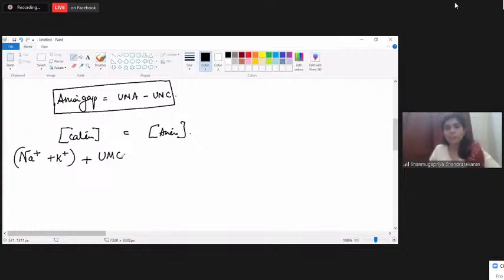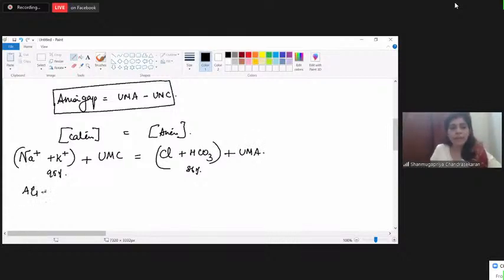So sodium plus potassium plus unmeasured cations should be equal to the anions of your circulation: chloride and bicarbonate, which constitute 86%. Apart from chloride and bicarbonate, I'm going to call the remaining anions unmeasured anions. Because we know anion gap is the difference between unmeasured anion and unmeasured cation, I want you to rearrange this formula.